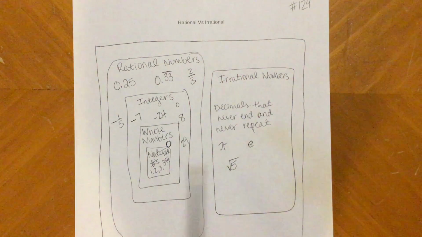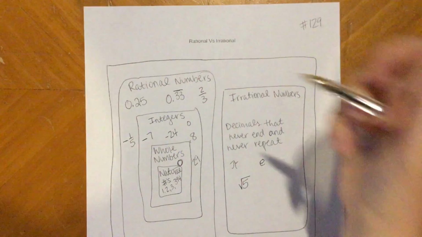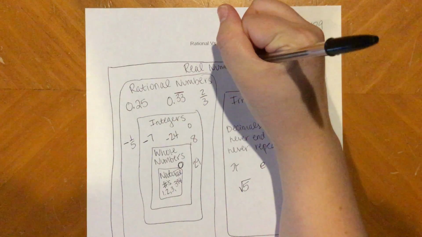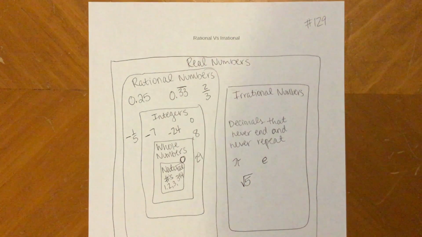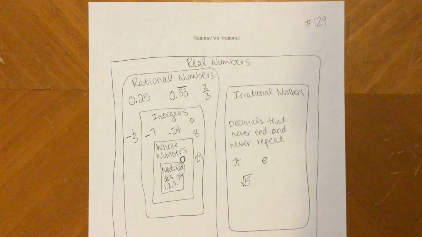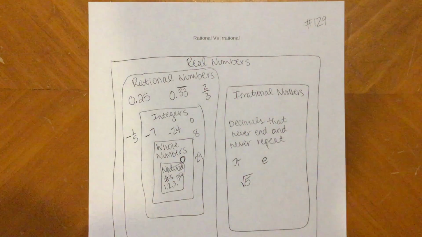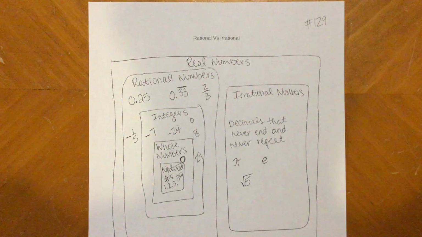So these are our two different main categories that all fall under this one big large category called real numbers. Real numbers. Okay. And yes, that does mean that there are some non-real numbers that are not even within this category, and we will talk about them by the end of this unit, but for now, I just want you to know what all these different categories are.